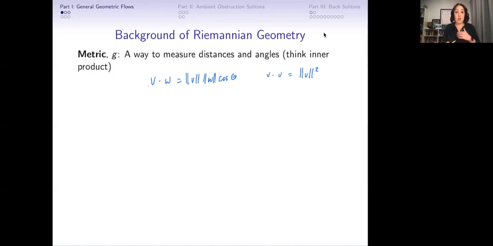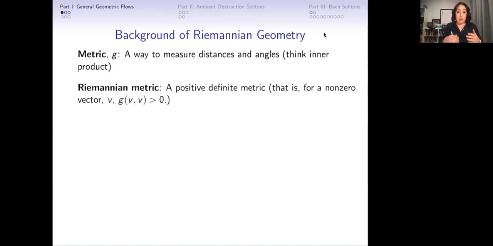and it's going to motivate a lot of what we do. So when I'm looking at metrics, and with this goal of finding the best metric, I'm going to start by limiting myself to a specific type of metric. That is, I'm going to look at Riemannian metrics. So these are positive definite metrics. So for non-zero vectors, the norm squared of that vector is positive.